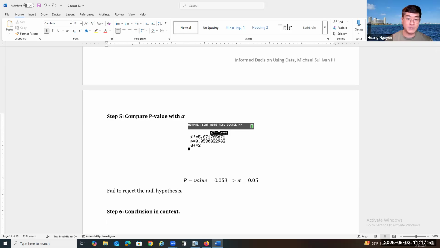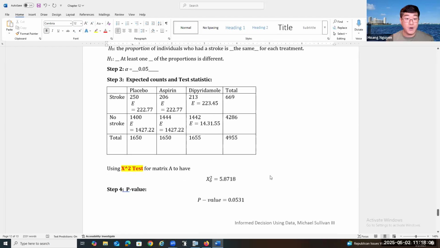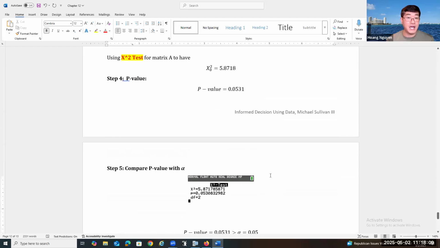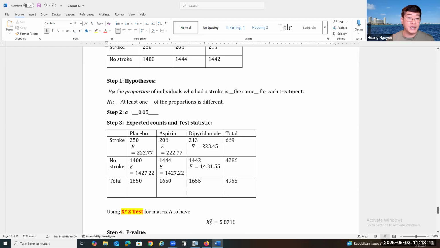So for the final conclusion right here, we're going to say there is insufficient evidence to conclude that, what is it going to be? The alternative hypothesis, right? So we don't have sufficient evidence to conclude that at least one proportion is different.